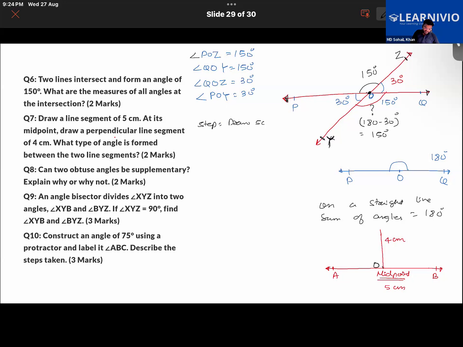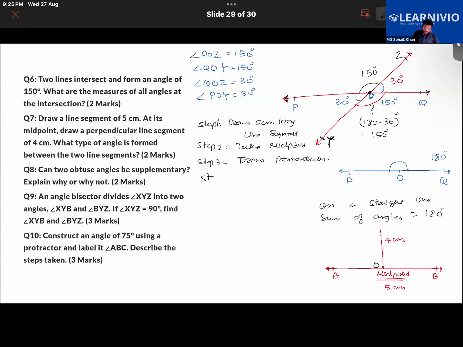So in step number 1, draw a 5 centimeter long line segment. Everyone has to do it, and using a pencil you have to do it, okay? Step number 1. Step number 2, take the midpoint. Step number 3, you have to draw a perpendicular.